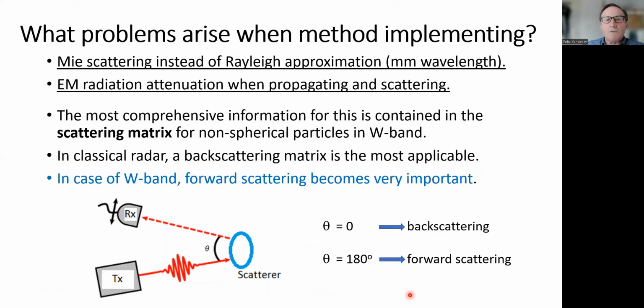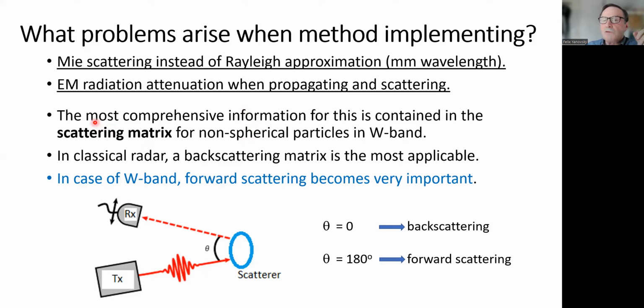So what problems arise when we would like to implement this approach? I listed a lot of problems, but the most important are that scattering should be used instead of the Rayleigh approximation, and electromagnetic radiation attenuation should be taken into account when propagating and scattering in W band.